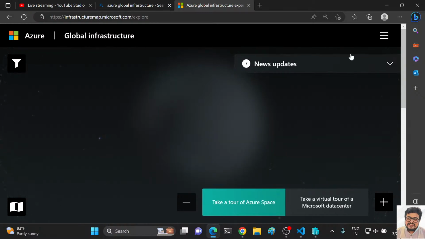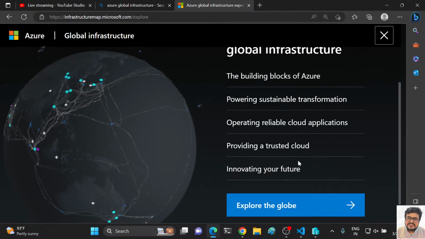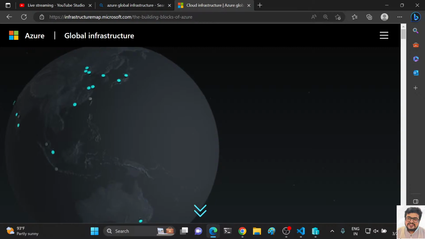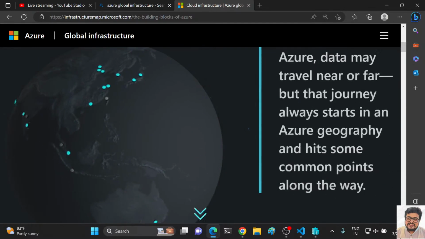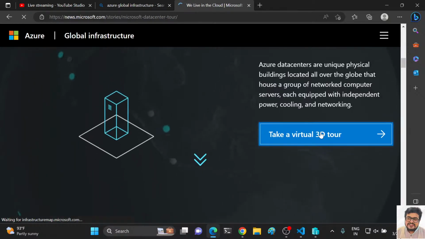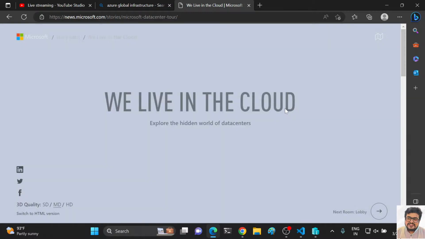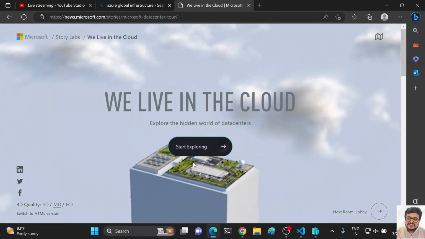Okay, now what I'll try to do is let me go over here and let me go to building blocks of Azure. Let us go to something which we understand, and then from there let us come out. Data centers are, as per yesterday's discussion, the servers that are maintained by your organization.